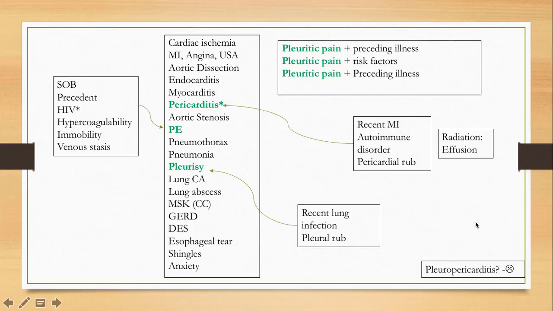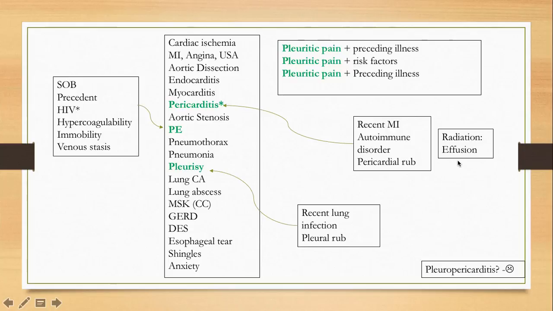Another important thing to keep in mind is that pericarditis can develop as a result of recent MI or autoimmune disorder, but there are also some very important risk factors. For example, chemotherapy can cause pleural effusion, and radiation therapy can cause pleural effusion and therefore cardiac tamponade.